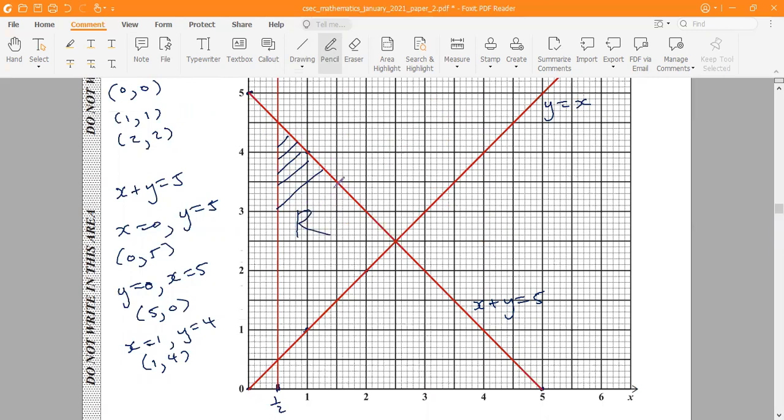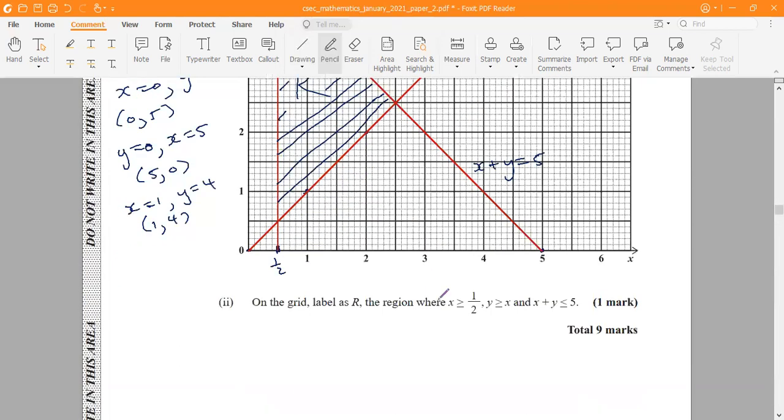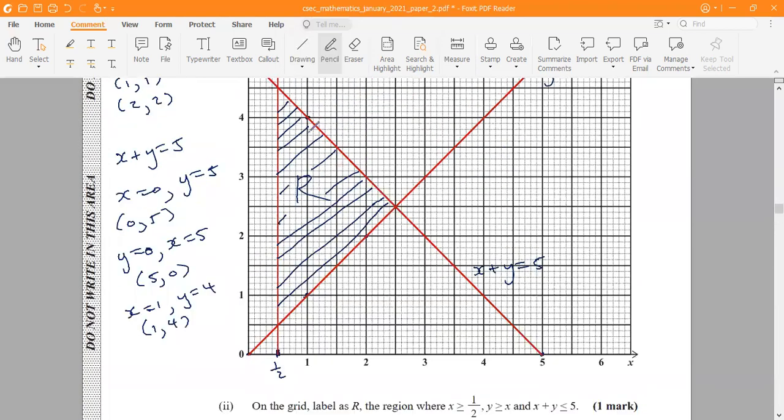This is capital R. This region shows that x is more than or equal to 1/2, so this is to the right of the line.